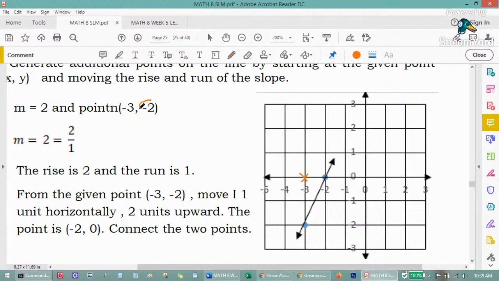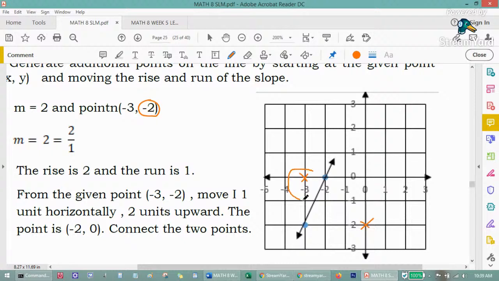And y is negative 2. Y is negative 2. So, ito yung y natin. So, y is negative 2. Ito yung 0, negative 1, negative 2. So, yun yung negative 2.